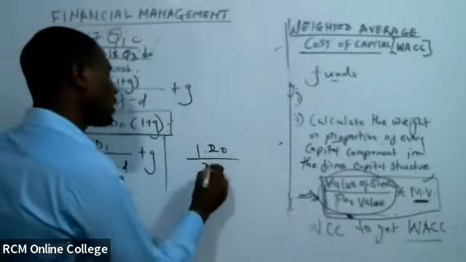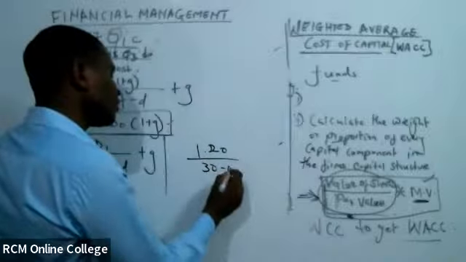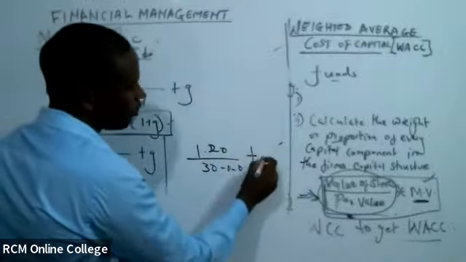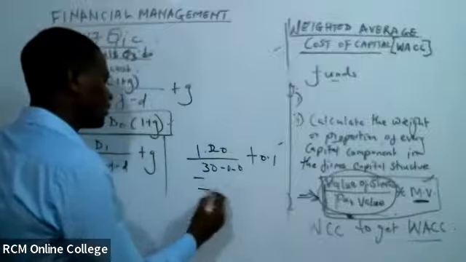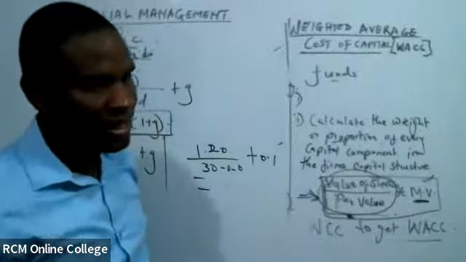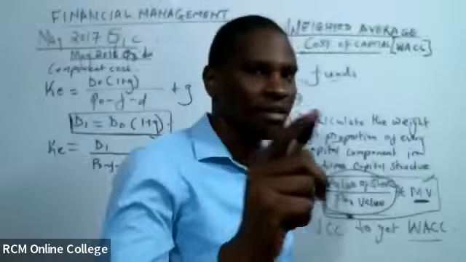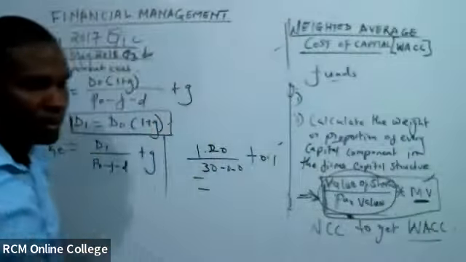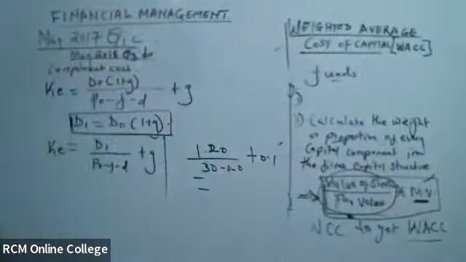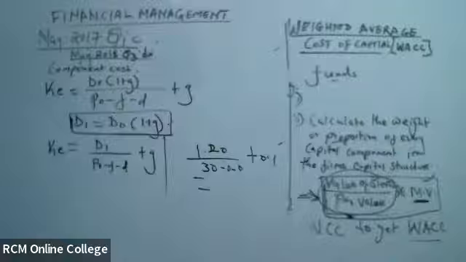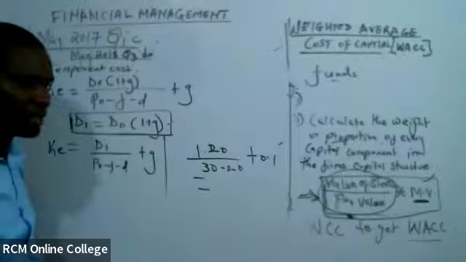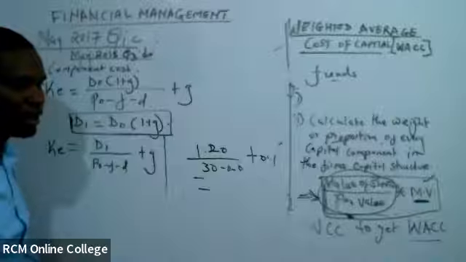We do not have these other items: F is 0, D is 0, but G is given as 0.1, equivalent to 10%. So can you give us the KE? We will have finished with KE. It is very good to remember these things. So what will be our KE here?